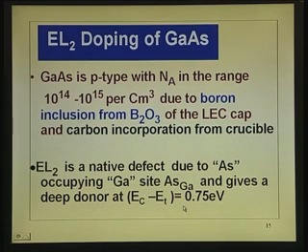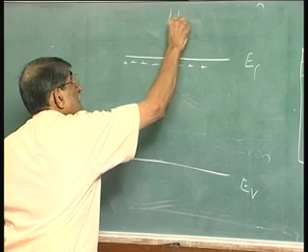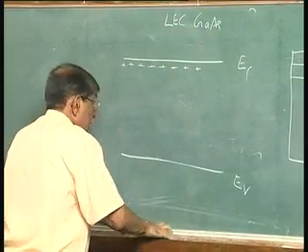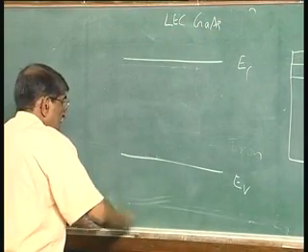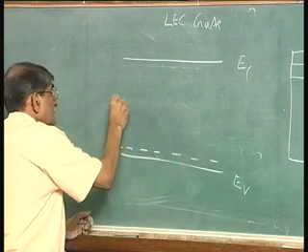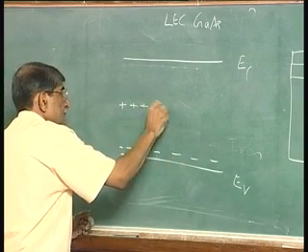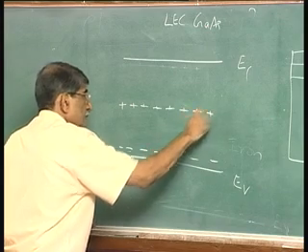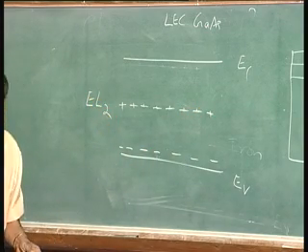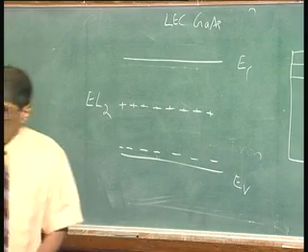So that is where you have LEC gallium arsenide. It does not have the donor, it has the acceptor, and then you get the EL2 center, which is an anti-site defect.